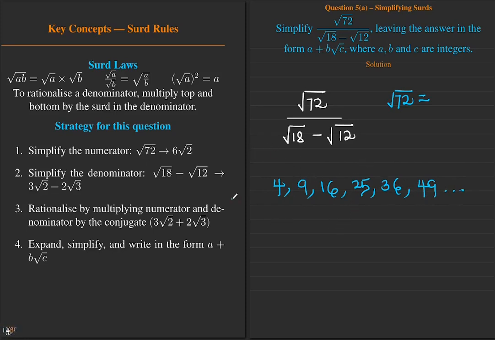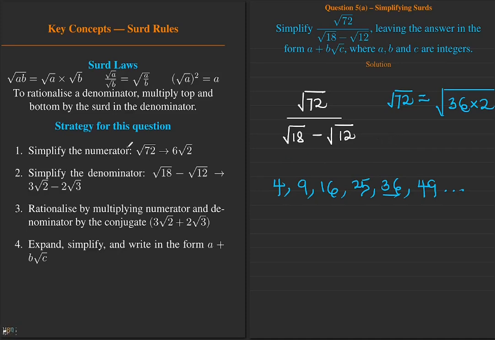Now, among all of these that I've written, which of them is a factor of 72? Which of them divides 72 without a remainder? It is obviously 36. So instead of 72, we rewrite it as 36 times 2.